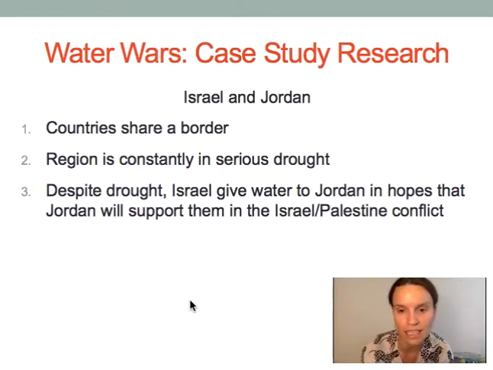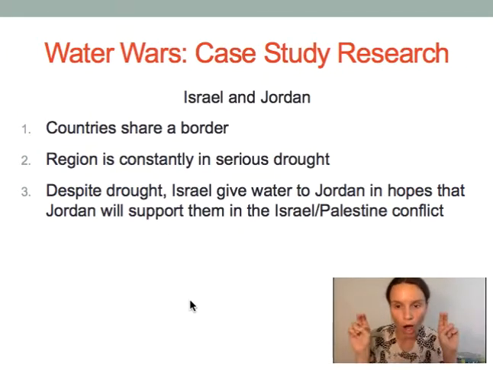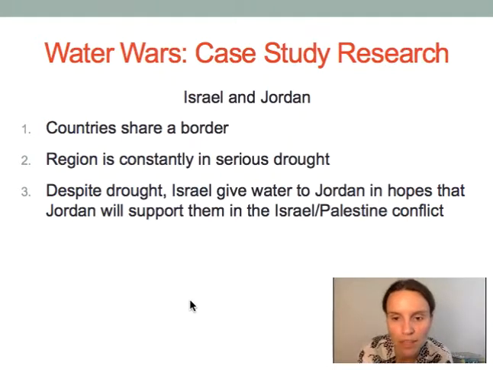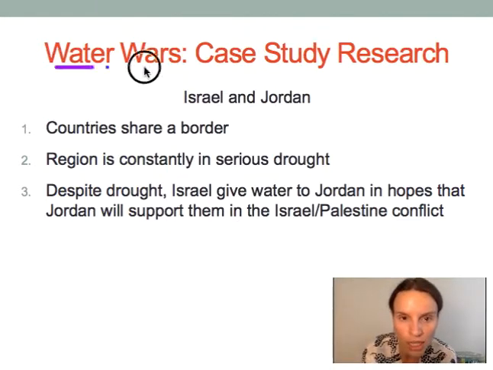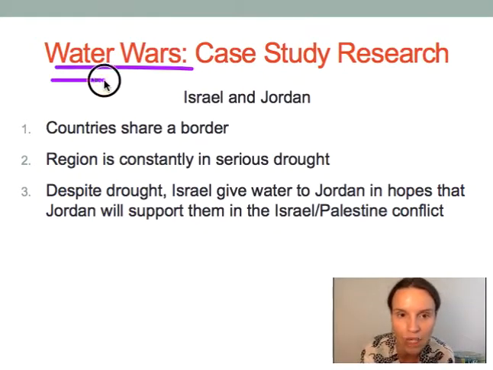case study of what you could call a water war, the sharing of freshwater resources over international boundaries. And this is another thing that is going to become an increasingly big deal in years to come. Some people, myself included, would argue that a lot of the civil unrest that has happened in the Middle East in the last 30 years or so has been started because of unavailability of basic resources like water.